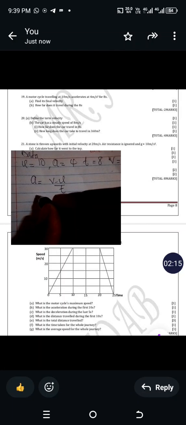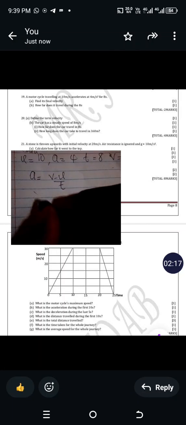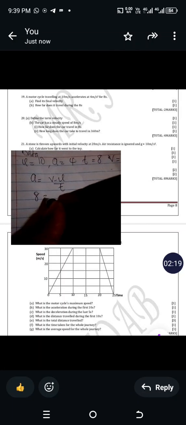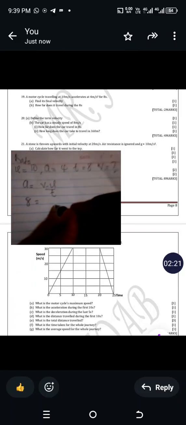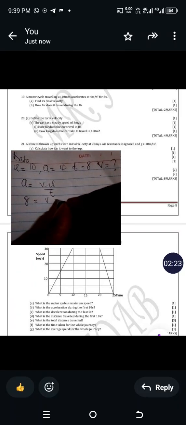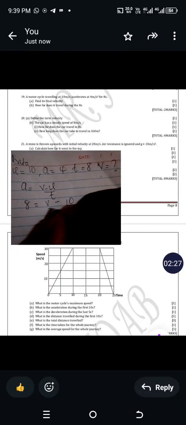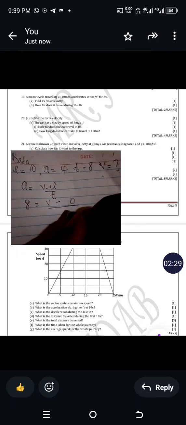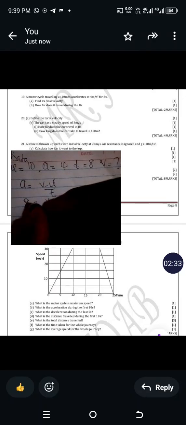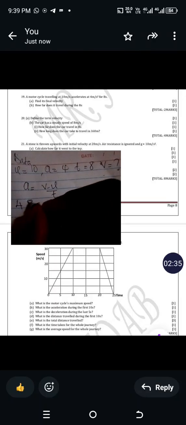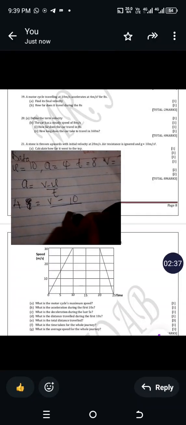So we can substitute. Our acceleration is 4, our final velocity we don't know, minus our initial is 10, over our time, which is 8.